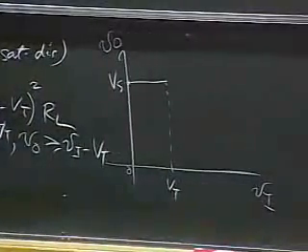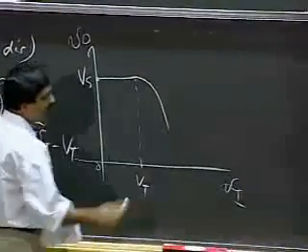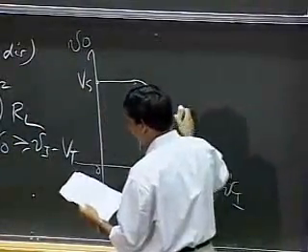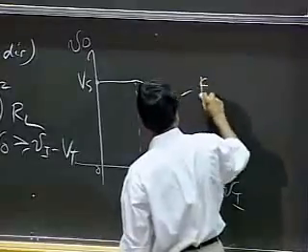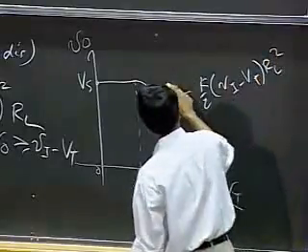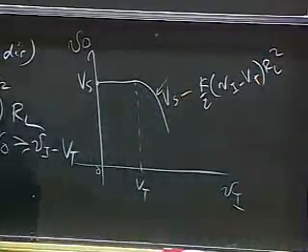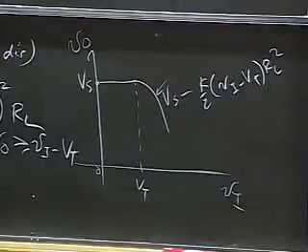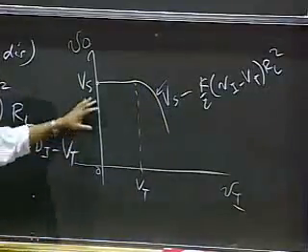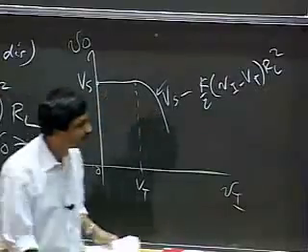So until Vt, I have Vs, and then following that, I get the square law behavior articulated by this equation. Okay, so that's the first part. You've seen this before. The transfer function shows that I have a square law dependence between Vi and V naught.